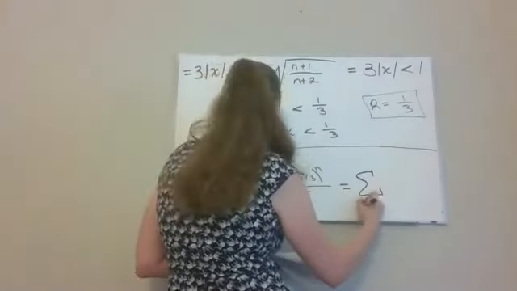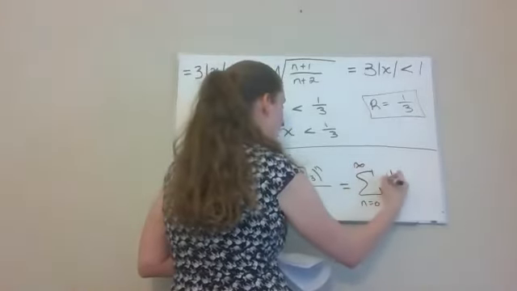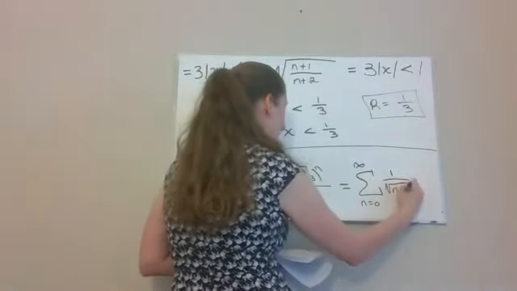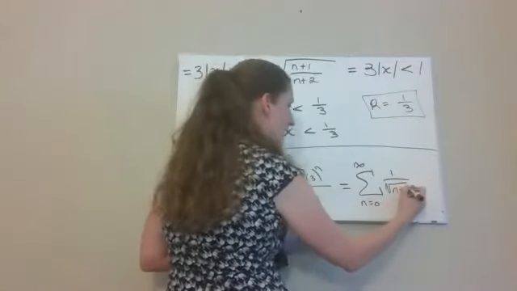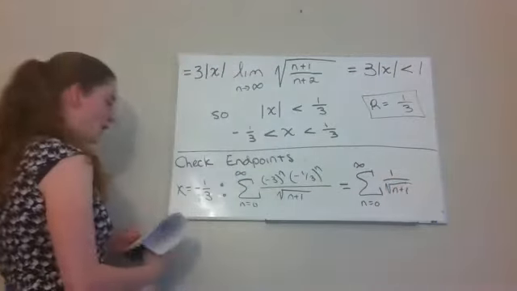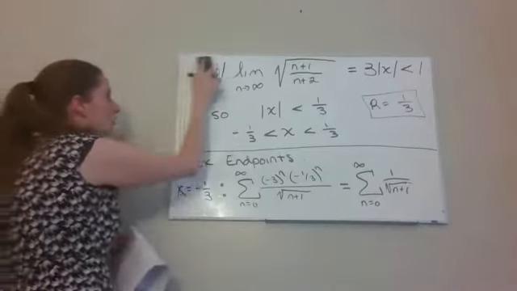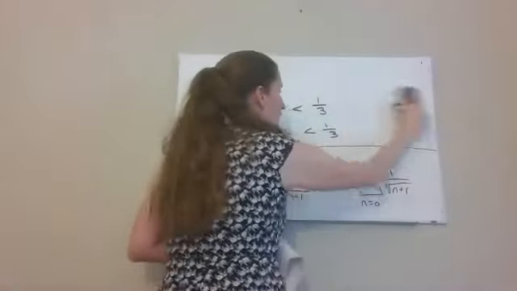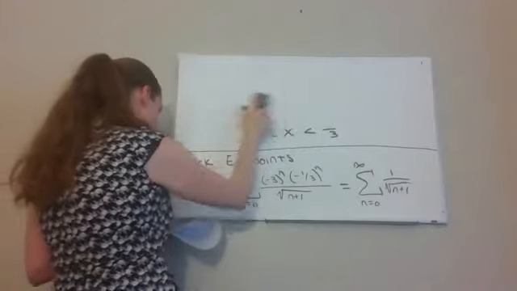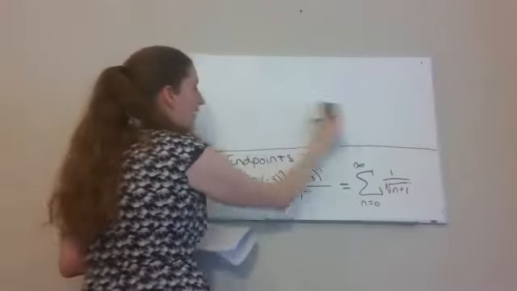So I have a sum from 0 to infinity of 1 over square root of n plus 1. And this is going to diverge. How do I know it diverges? Well, because it behaves like a p-series with p equals 1/2.